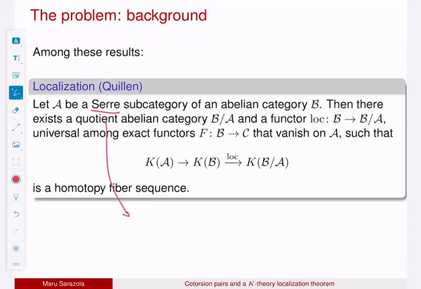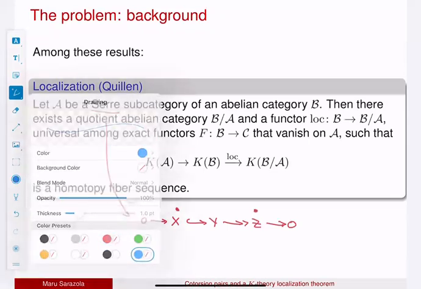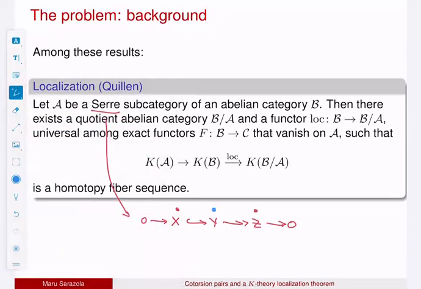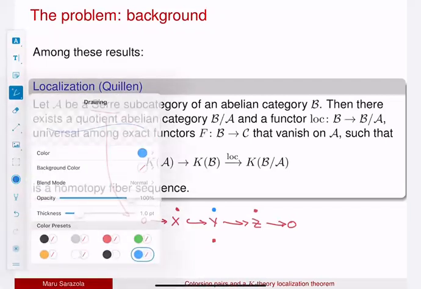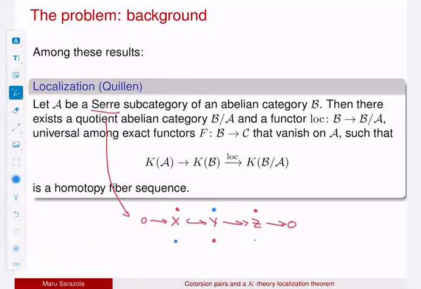So the Serre word means whenever we have a short exact sequence like such in our category A, then if X and Z are in A, then the middle object also has to be in A. And then conversely, if the middle object of the short exact sequence is in A, then both of the other 2 objects have to be in A.